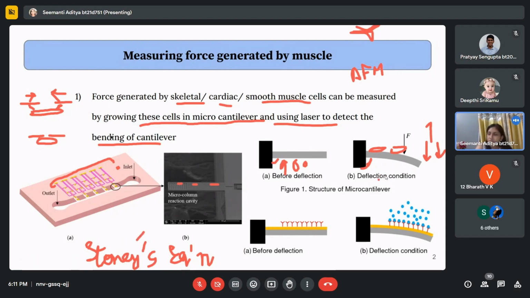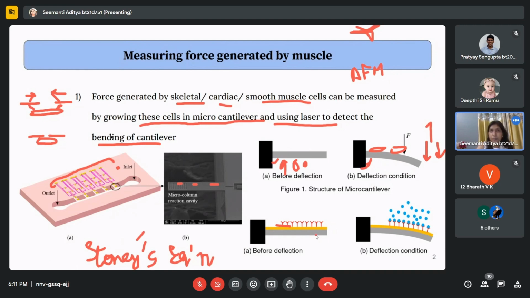Now this kind of method can be utilized in different ways to see how muscle contraction is affected by certain drugs. If these cells are adhered on the surface of the cantilever and they are not showing any deflection, the muscle is not contracting, like in some diseased conditions where muscle contraction is affected, where the neurotransmitters are not released and there is no muscle contraction.